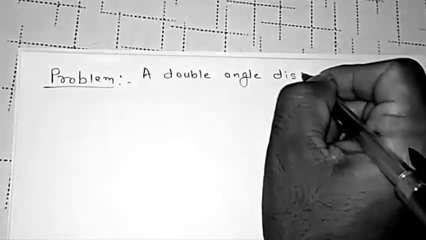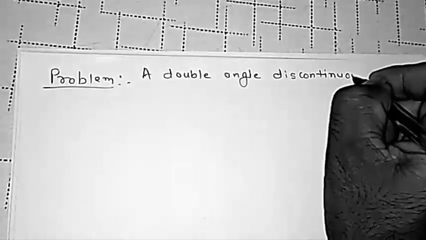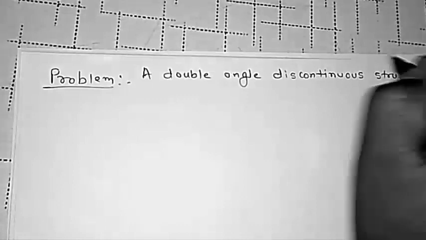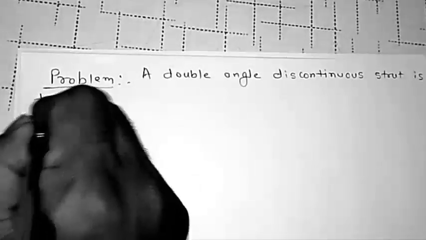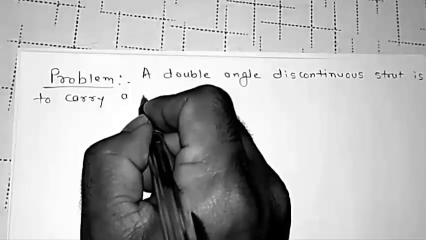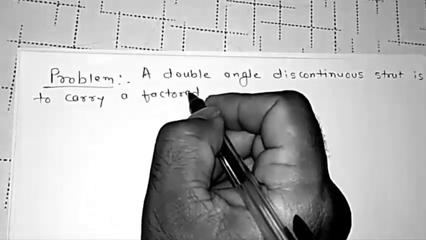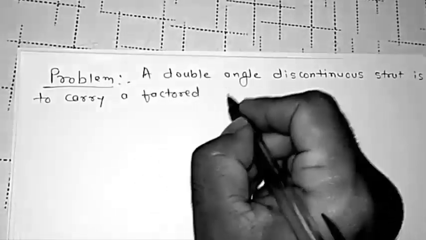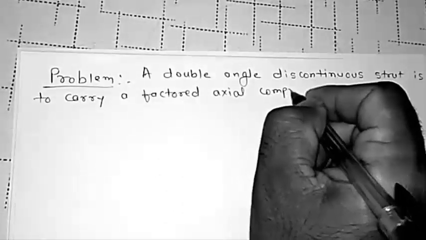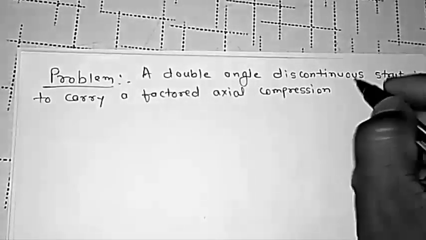Double angle discontinuous strut is to carry a factored axial compression of 178 kilonewton.